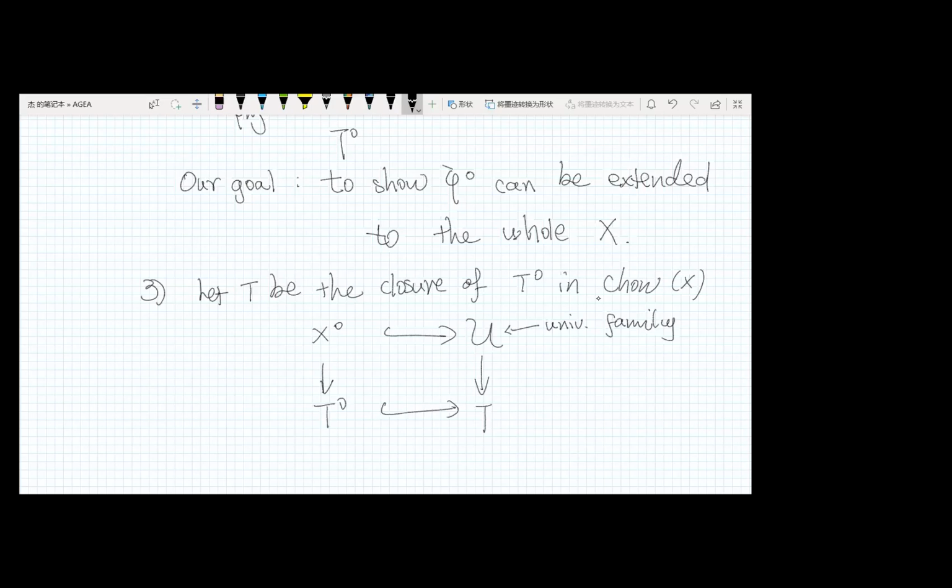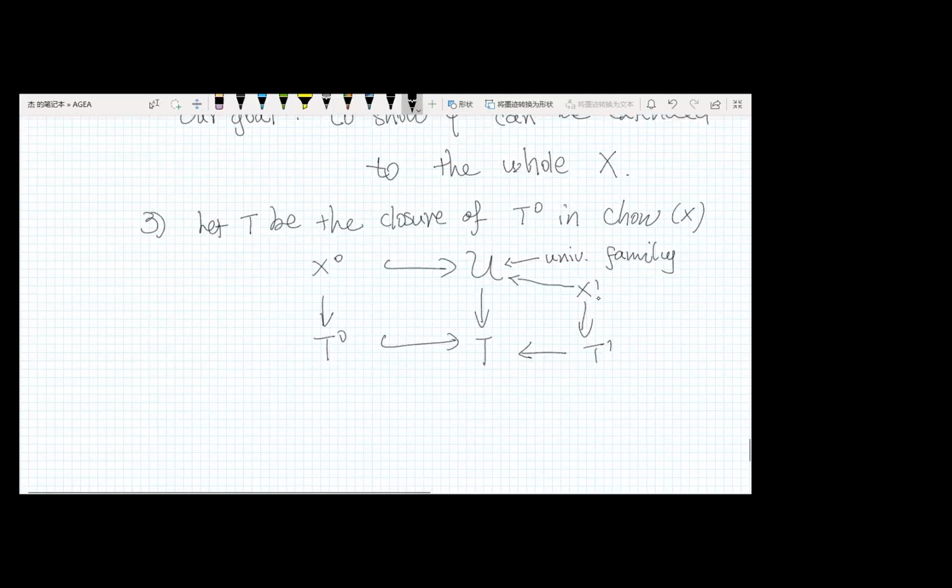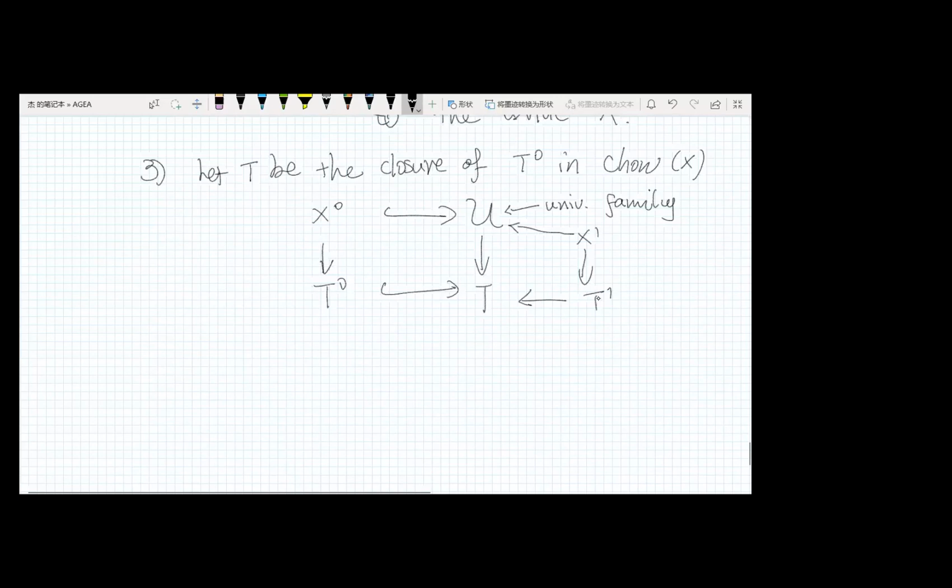Those two may be singular, so we may resolve the singularities, T prime and also X prime here. And we can even do something better. You can take any resolution as you like, and it's a general fact that this family F prime to T prime is a projective bundle.